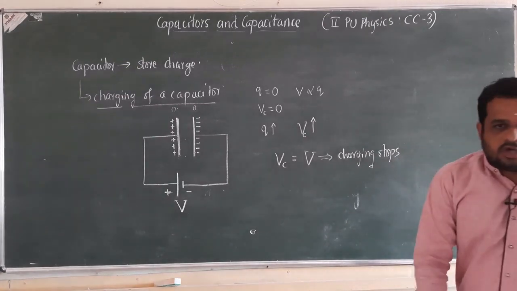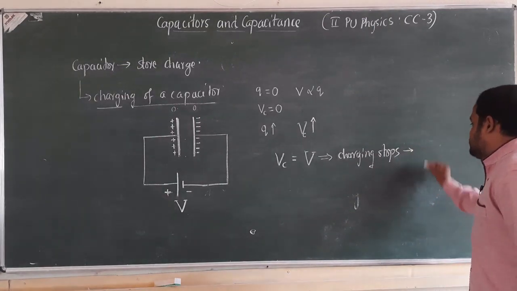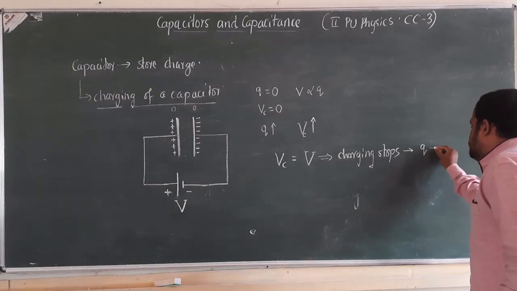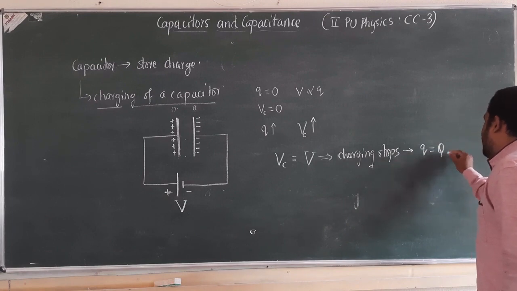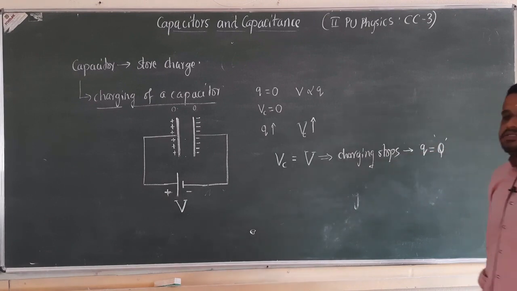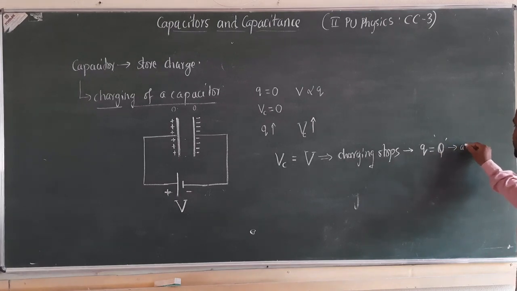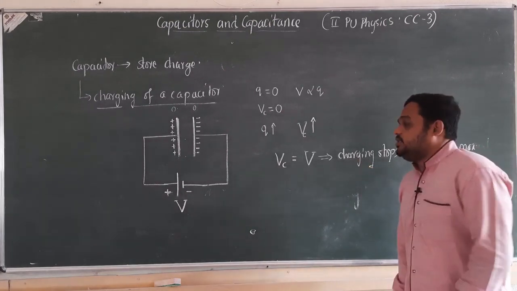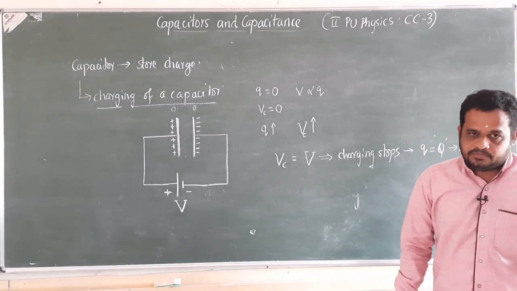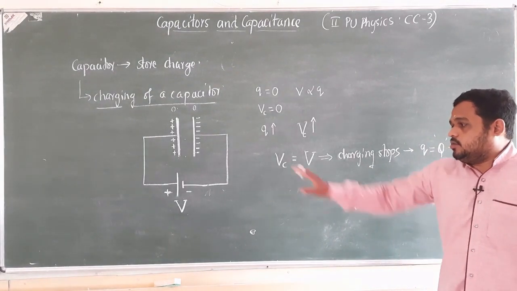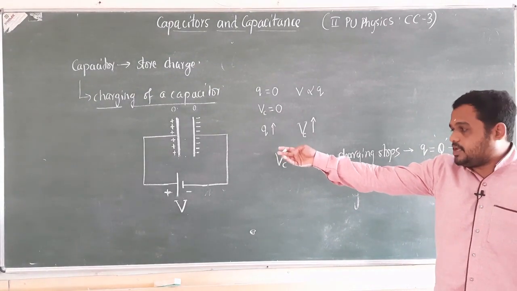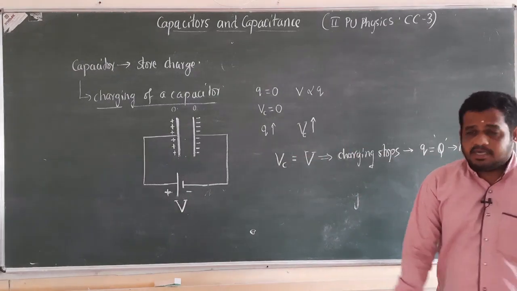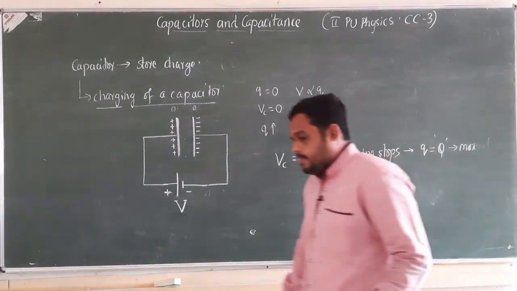At this instant the magnitude of charge stored in the capacitor will be maximum, which can be represented as Q. Maximum amount of charge will be stored. So at this point charging stops. No further addition or removal of charge from the capacitor is possible.